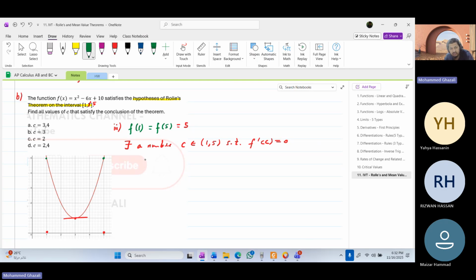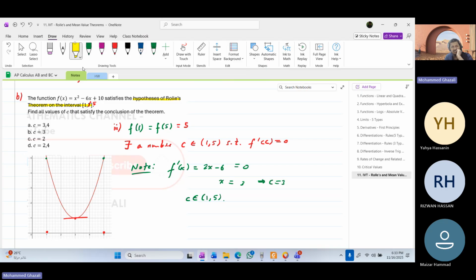To find the horizontal tangent, you say f prime x is equal to 2x minus 6, the derivative, which is equal to 0. So x is equal to 3, which implies c is equal to 3. We can clearly see that c is in the interval 1 and 5. Makes sense? So we're just proving it.